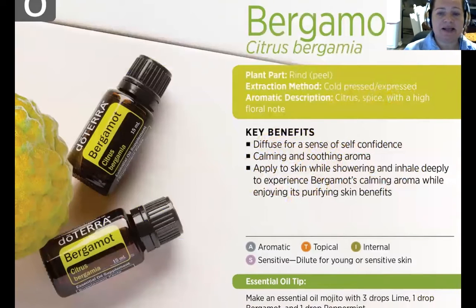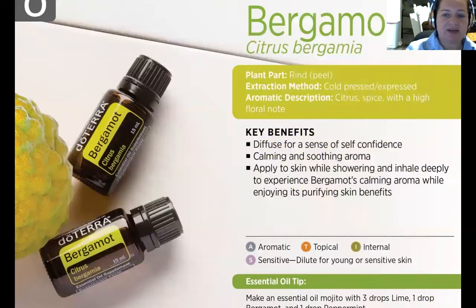Bergamot fruit is not edible because the pulp is too sour. It's primarily cultivated for its essential oils. Caution: avoid sunlight within 36 hours of topical application because of photosensitivity, if I said it correctly.